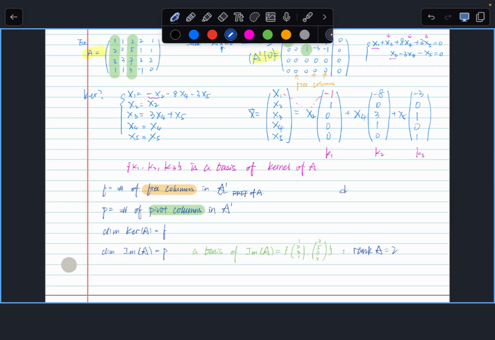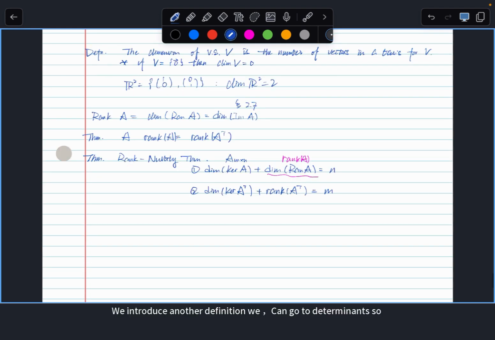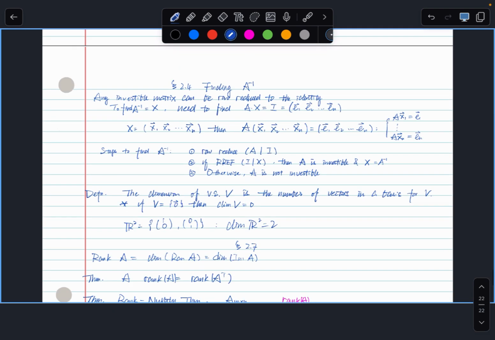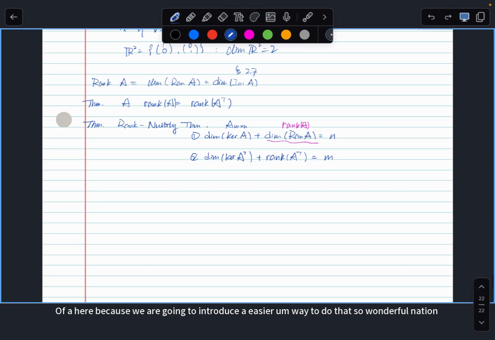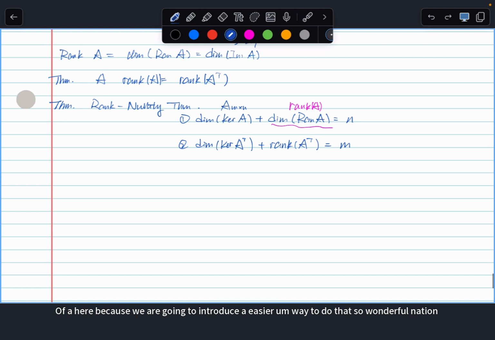The dimension of the kernel equals 3. We introduce another definition, we can go to determinants. So we didn't do any practice for finding the inverse of A here, because we are going to introduce an easier way to do that.